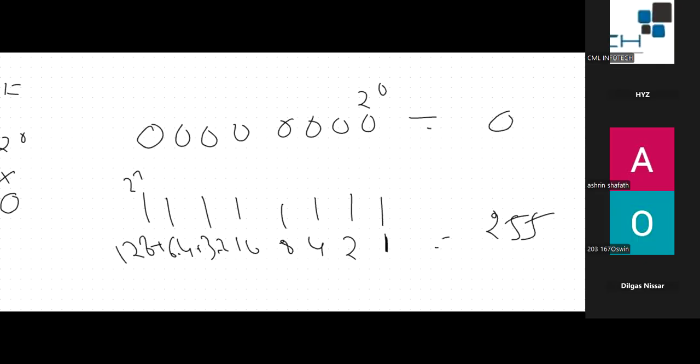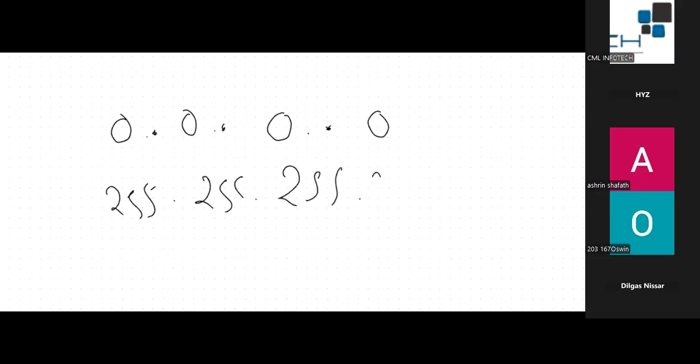The IP address is written with dots in between, from 0.0.0.0 up to 255.255.255.255. This is the total IP address range.